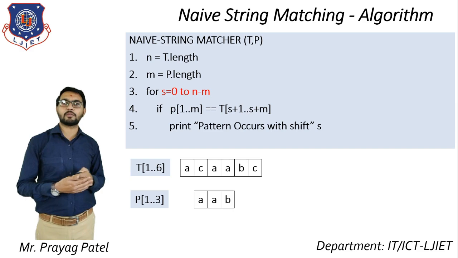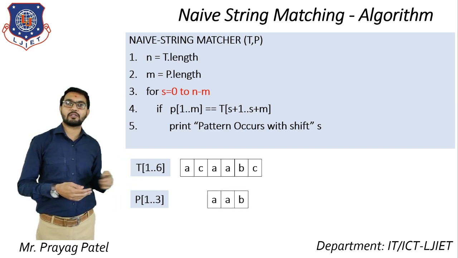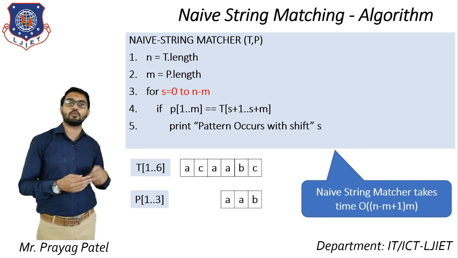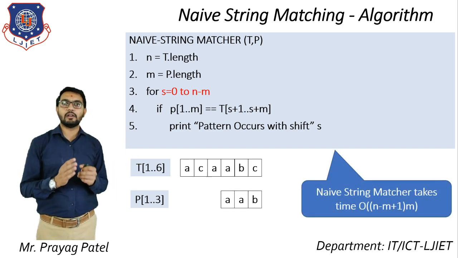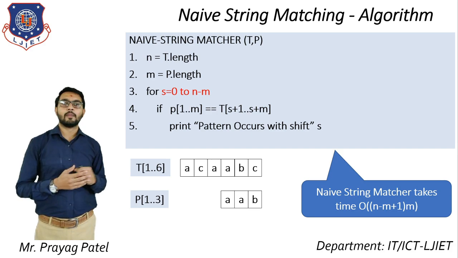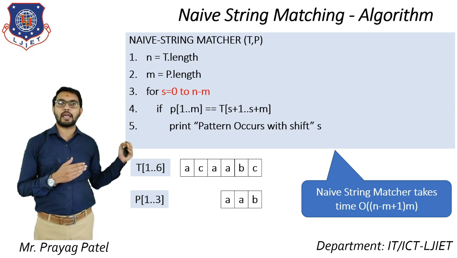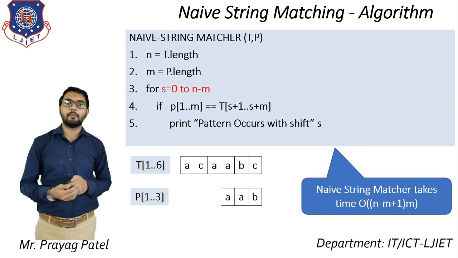Here the first match is not possible, then consider the next one, then the next one. So in this third location your pattern is matched. In this case you can find your pattern in the given text. Now the complexity of the naive string matching algorithm is big O of (n minus m plus 1) times m.